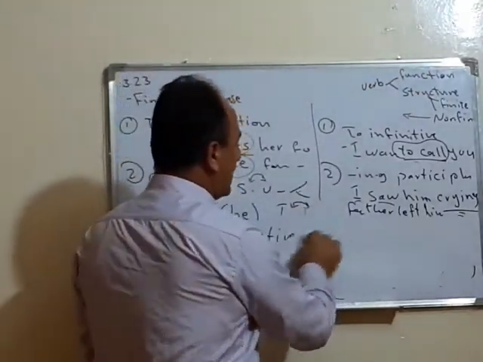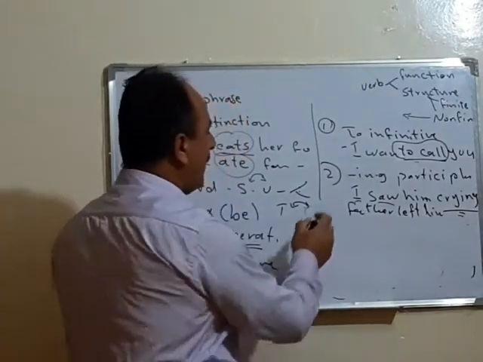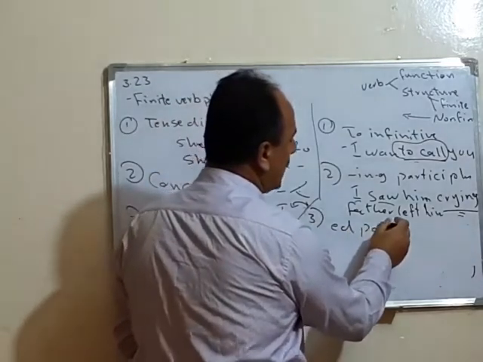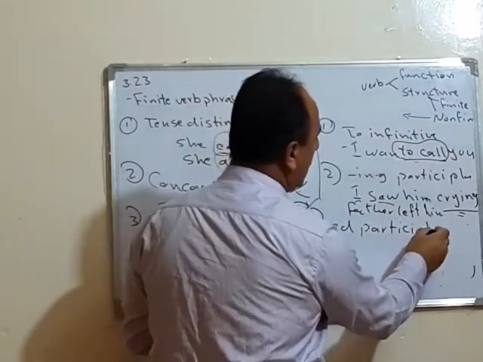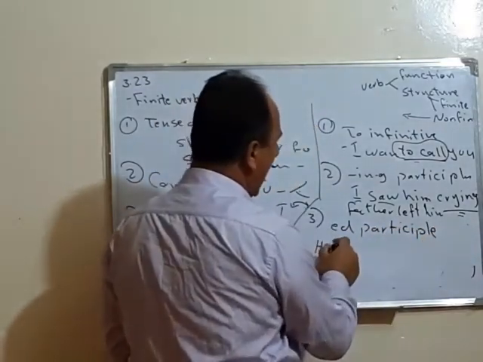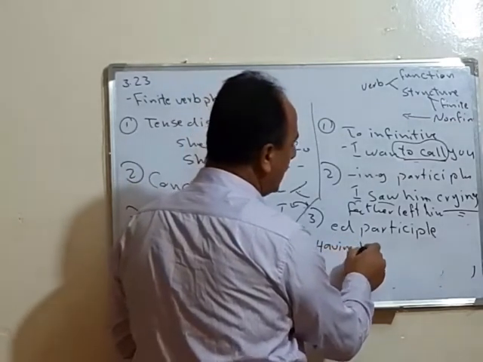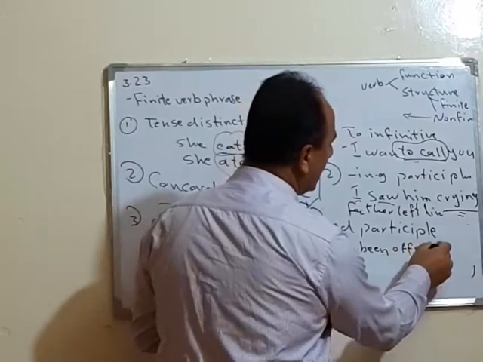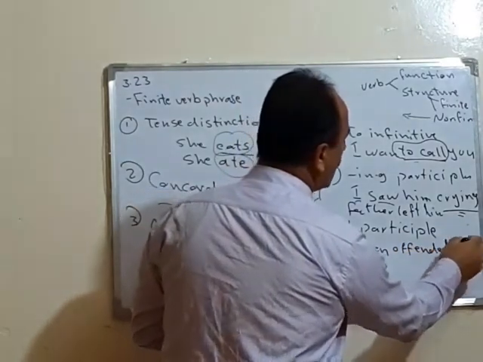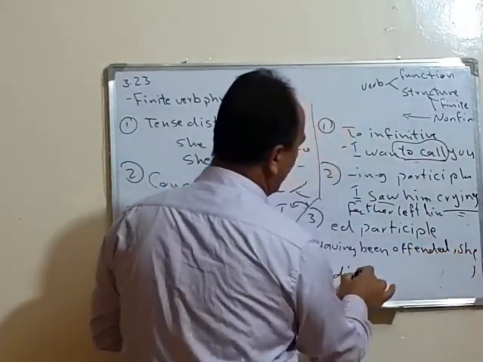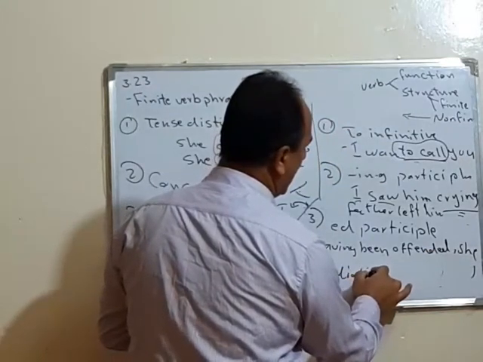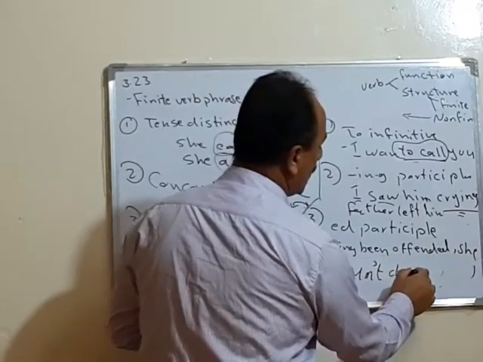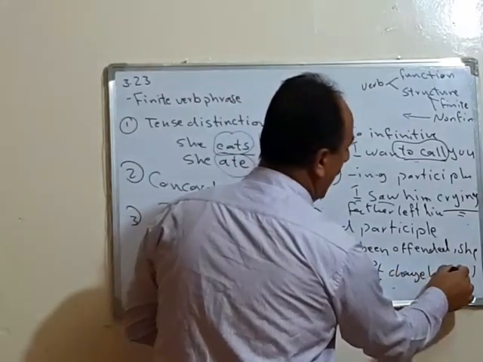So the second case in which we consider the verb as non-finite is by using what we call ing participle. The third case is what we call ed participle. For example, to say having been offended, she didn't change her mind.